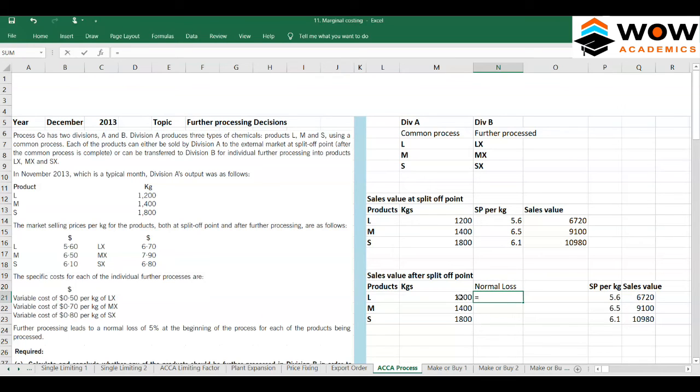The normal loss is 5%, so this number into 5%. This is the input, and this is the output, what we could sell in the market. So 1200 minus 60. You can find out for all the numbers. So this is our output.